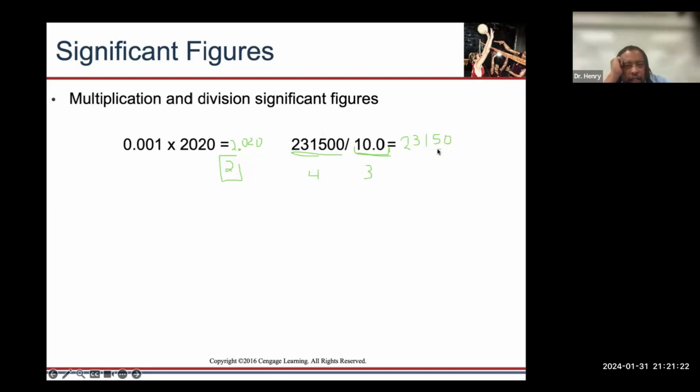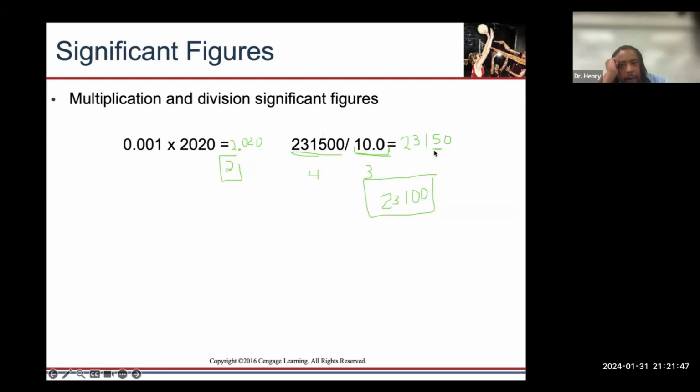But we're going to take a look at that 5, right? Now it's 5 exactly because what follows it is a 0, right? So in that case, we're not going to round up. We're going to leave this value as 2, 3, 1, and then we're going to put 2 zeros, placeholders. And that's going to be the answer for that.